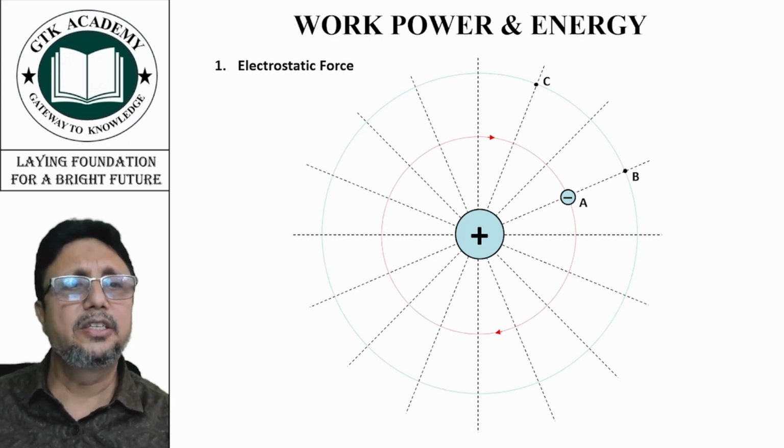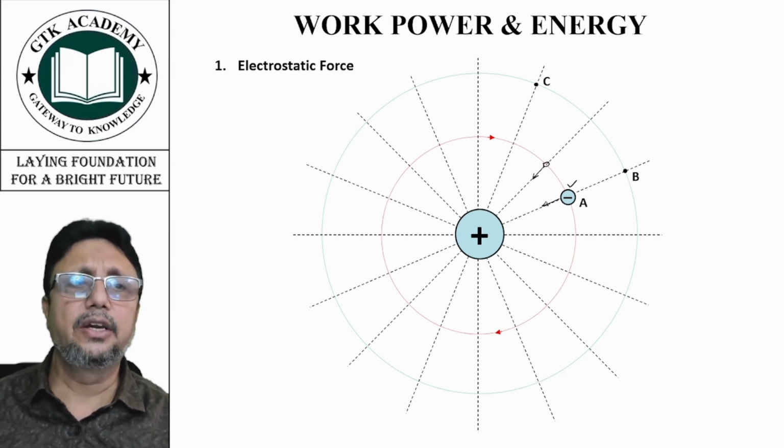Here we have spherical symmetry. Now, if you move this negative charge, because this negative charge is going to be pulled in this direction, wherever it is, if it is here, then the force will be like this. You will find spherical symmetry here, not only a circle, because this is three dimensional. In space also you can take it.